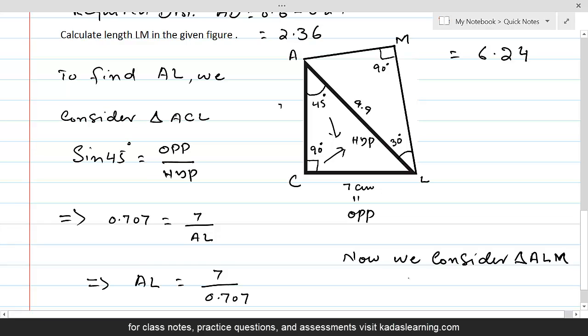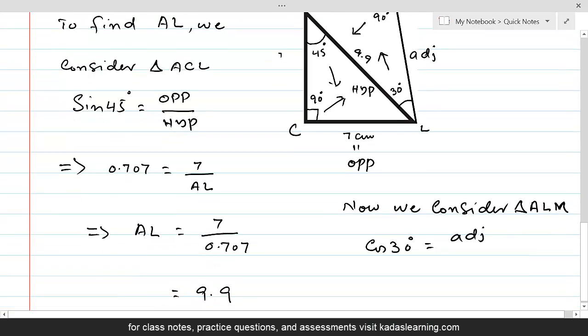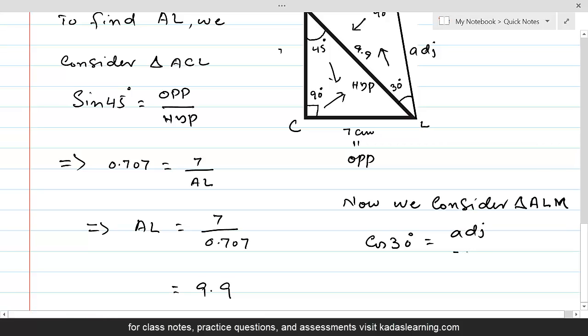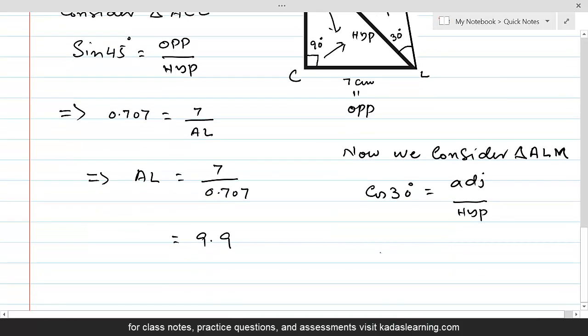and for this, cos of 30 degree, because if this is the angle under consideration, then the side opposite to the angle would be opposite. This AL is already the hypotenuse because it's opposite to 90 degree, and this is adjacent. Cos is the ratio between adjacent over hypotenuse, which is 9.9 in this case.